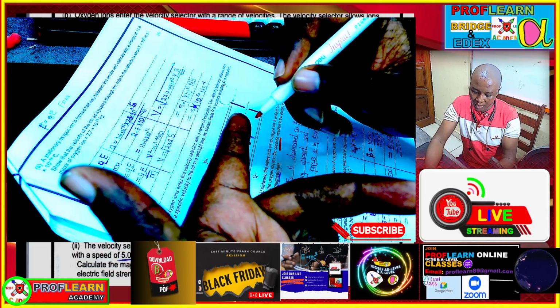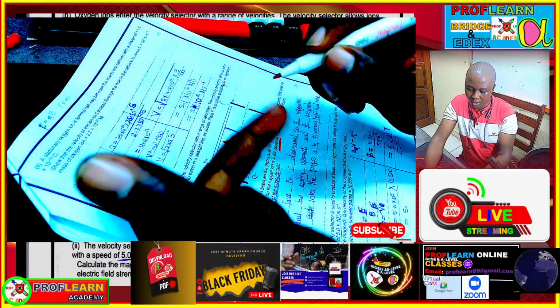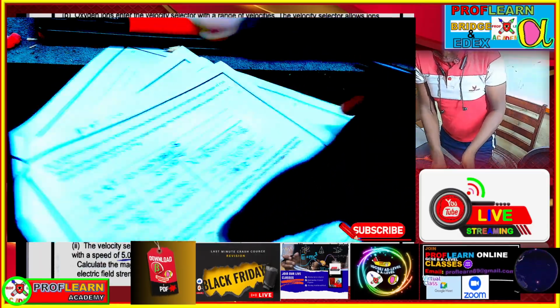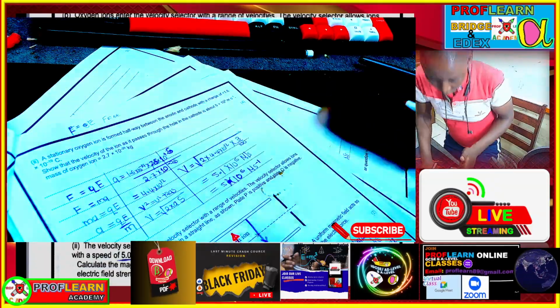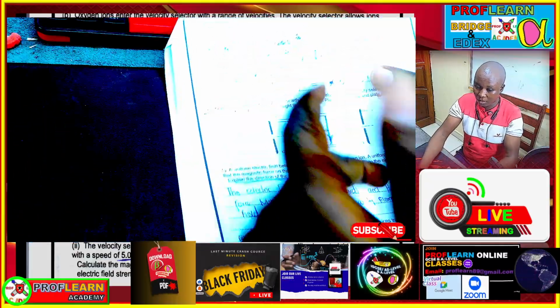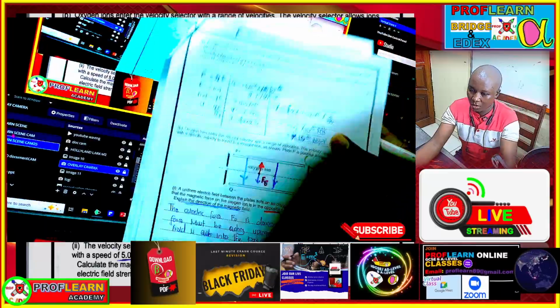The direction of the current is in that direction. So you are going to place your finger like this, so that you can, guys, you cannot see from there.